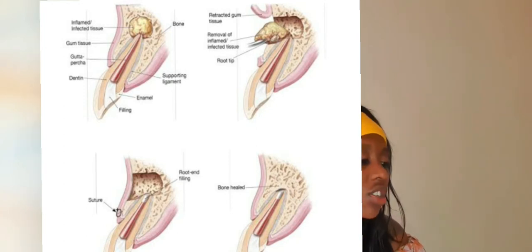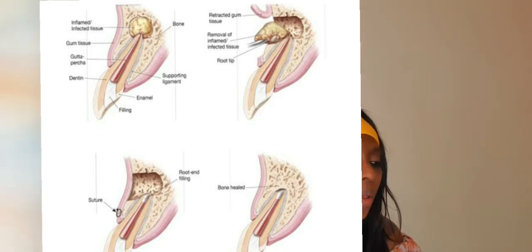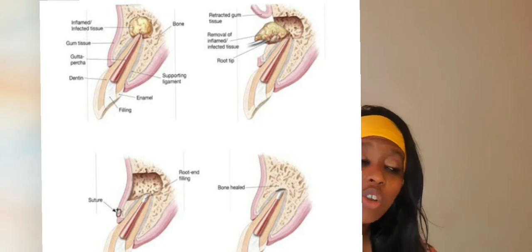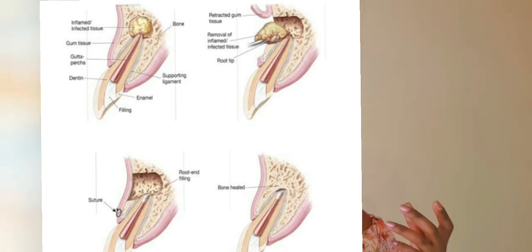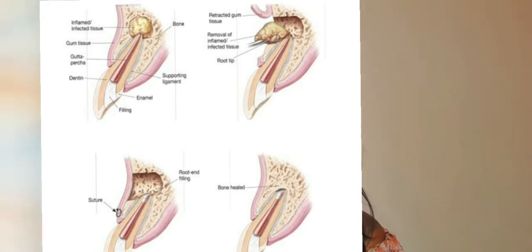So here's an example, being your apicectomy. In an apicectomy, the apex of the root and its infection are removed. Let's say a toothache presented with a periapical abscess, and you decided to go for an apicectomy to try and save that tooth after it was coronally endodontically treated. The infection is surgically removed.